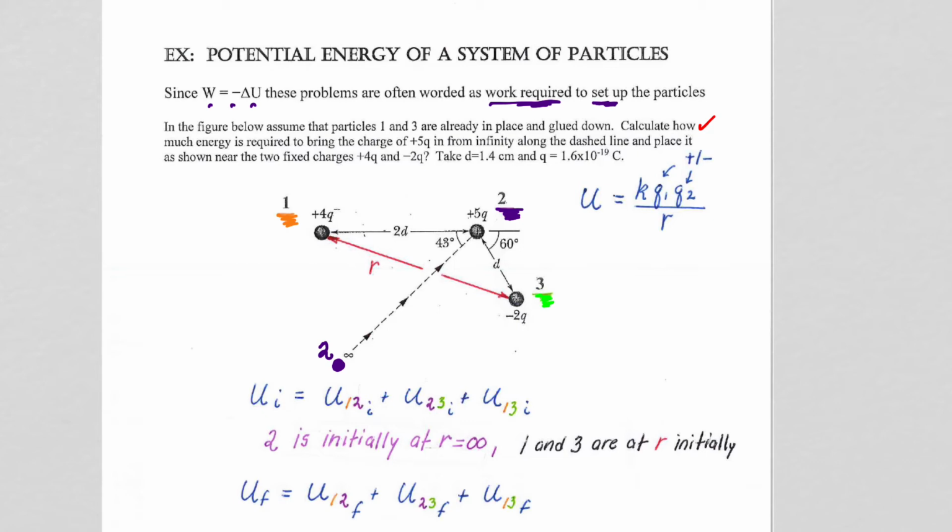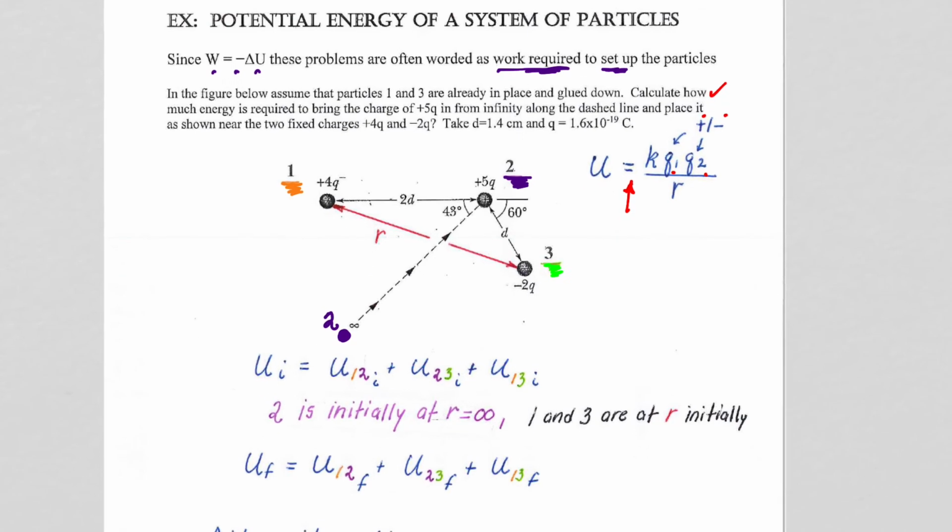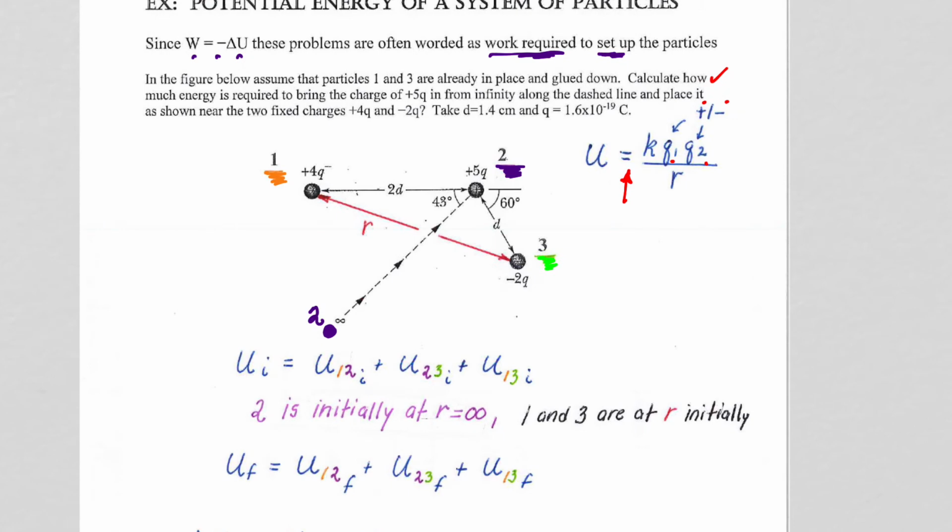Well, we definitely are going to be utilizing our equation. U, the potential energy value in joules between two particles, Q1 and Q2 in general, is given by K Q1 Q2 on R, and we put the plus or the minus in for the Qs. Well, it's a delta U that we're interested in. Now, in this problem, they are telling us that both initially and finally, particle 1 is at this position, and particle 3, both initially and finally, is at this position.